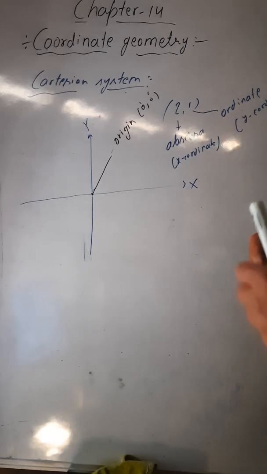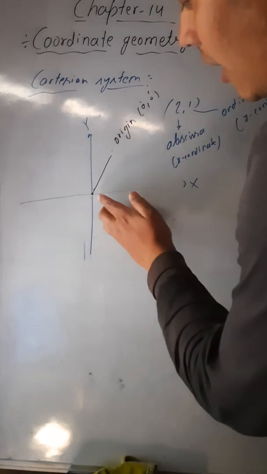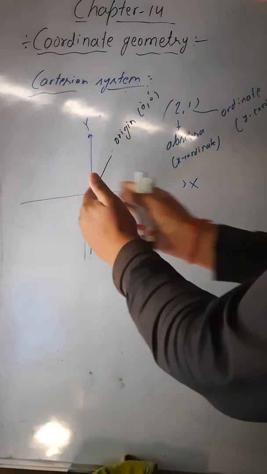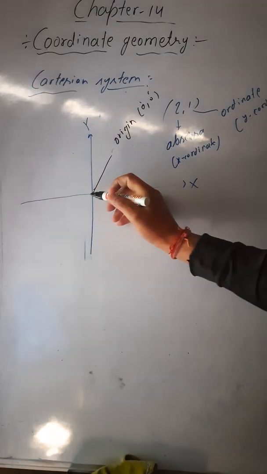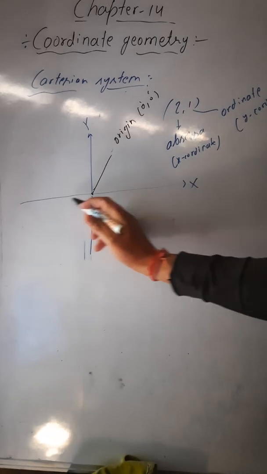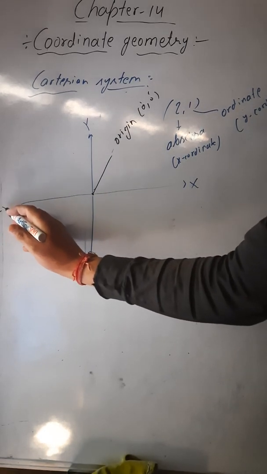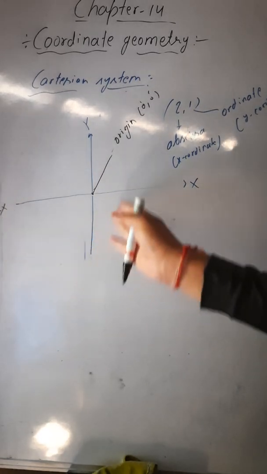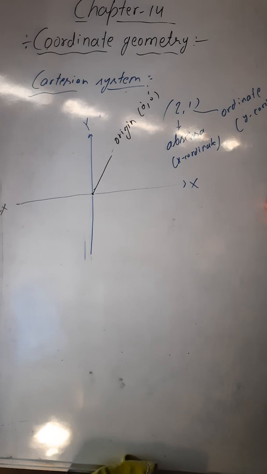Now let me tell you one more thing. From the origin to the right side is called the positive direction of the x-axis, and this one is known as the negative direction of the x-axis. This is the negative x-axis and this is the positive x-axis.